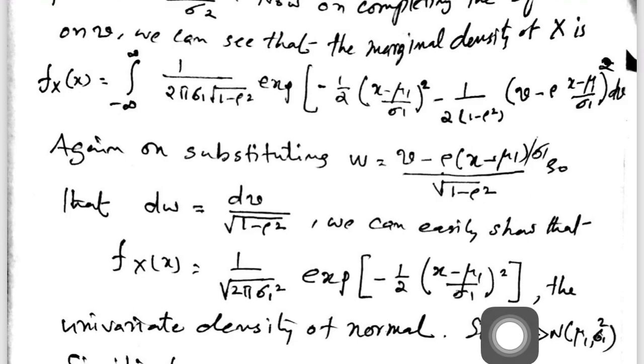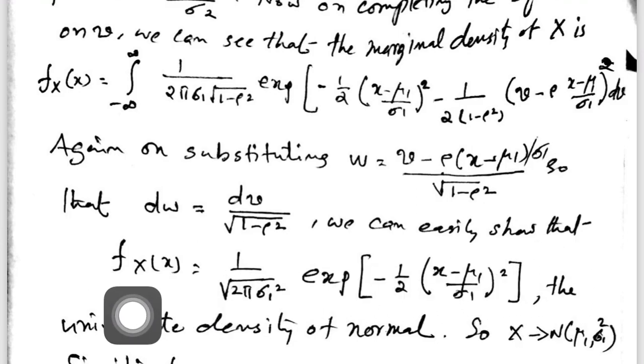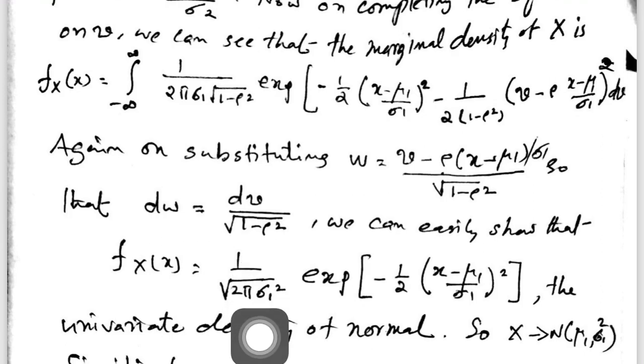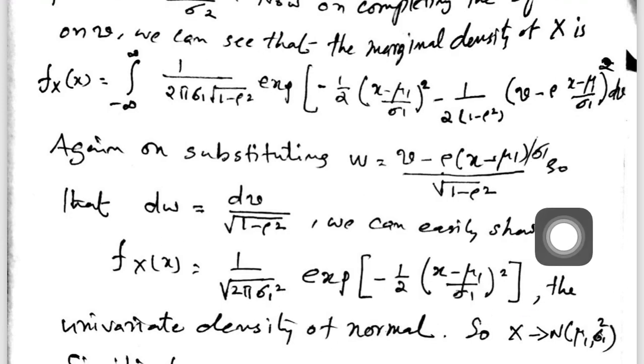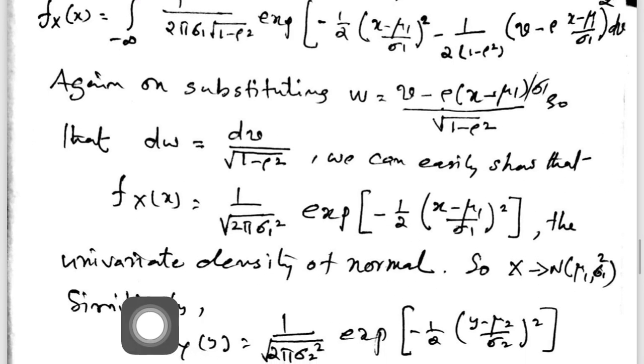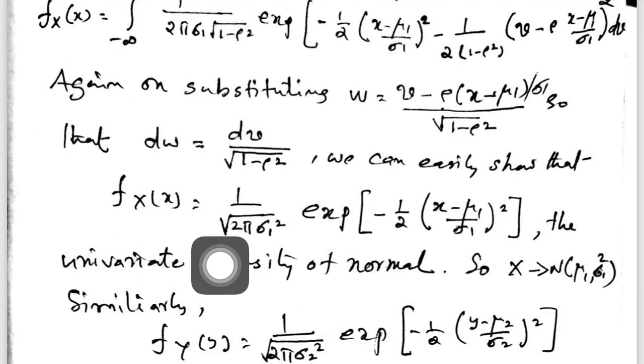And on making use of that, you will finally see that f of x is equal to 1 by root 2 pi into sigma 1 times e to the power of minus 1 by 2 ((x minus mu 1) by sigma 1) square. Okay, some intermediate steps I have skipped here, but you can easily complete those steps. And you see what the density is.